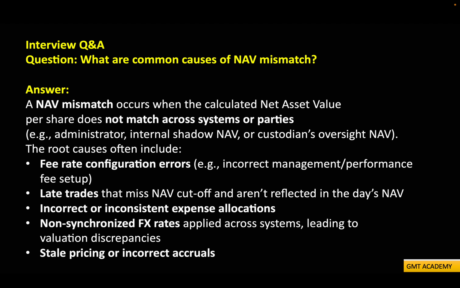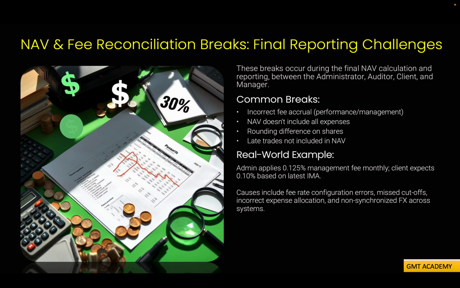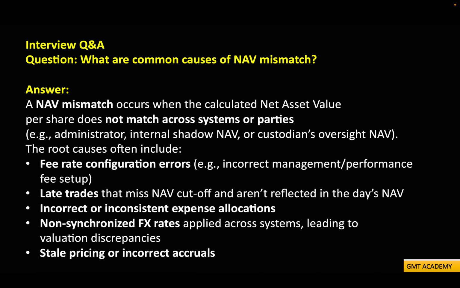Fee rate configured incorrectly, for example the management fee reflected incorrectly. Why incorrectly? Because the latest IMA client is reflecting it, but the admin did not have the information, so that is why there is an issue. Late trades that miss the NAV cutoff are not reflected in the NAV day, so that is also an issue.